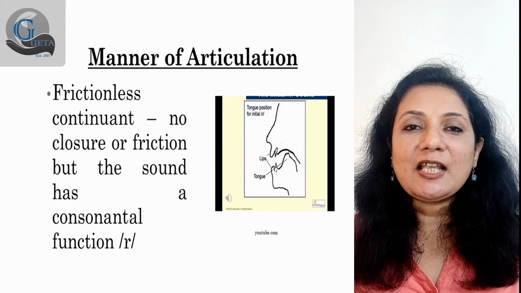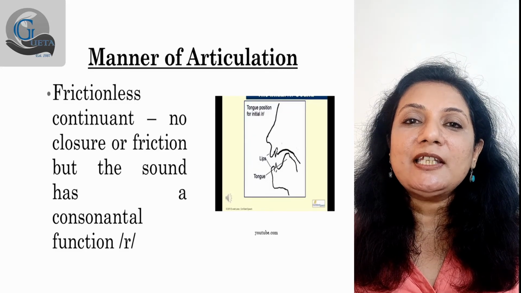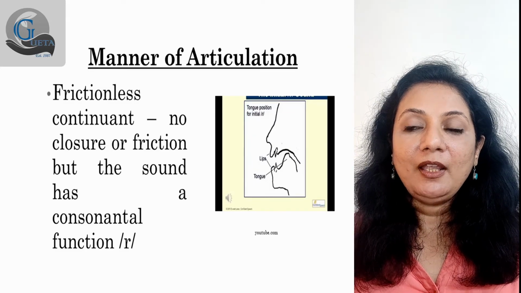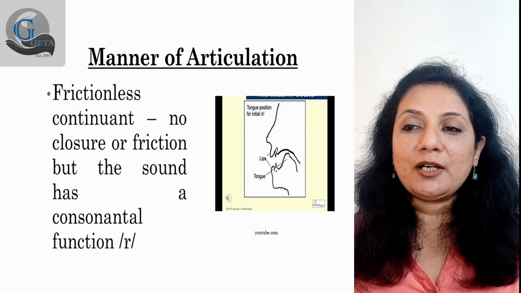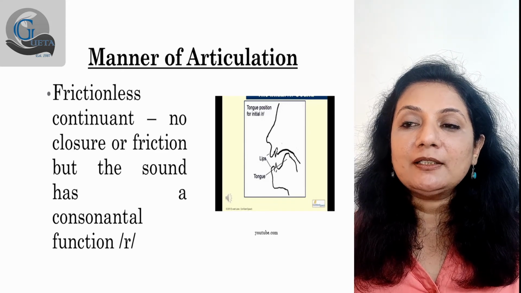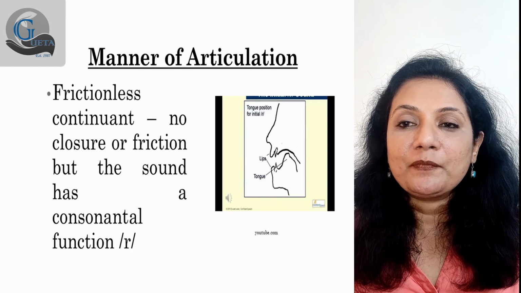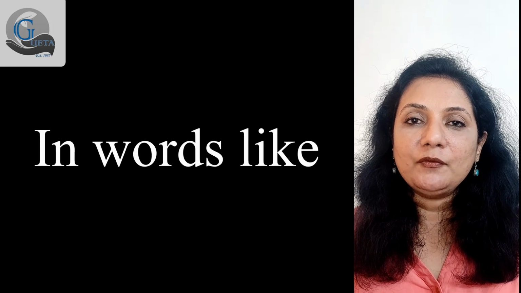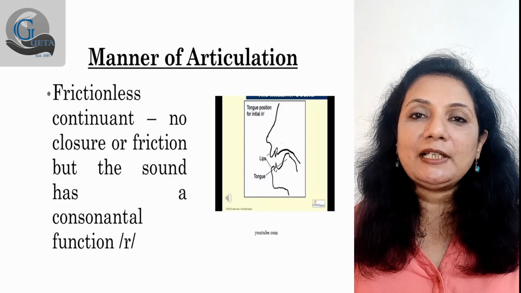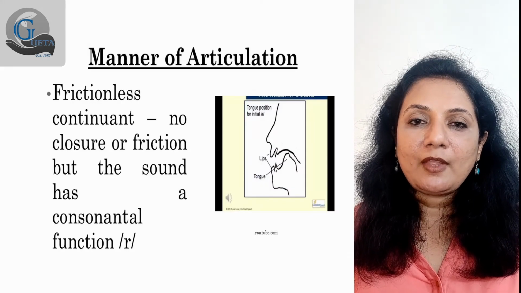Then the next is frictionless continuant. Here there is no closure or friction, but the sound has a consonantal function, as in ra. R. In words like rain, that is frictionless continuant.